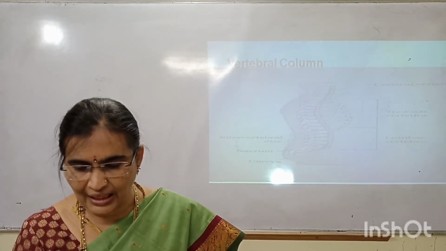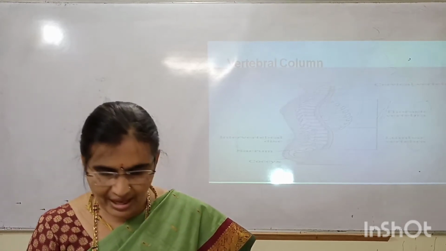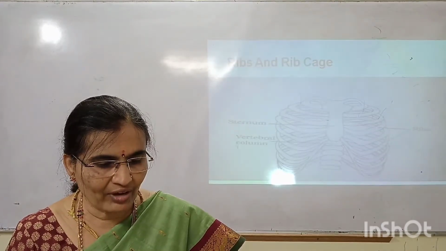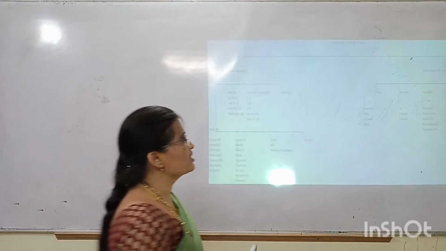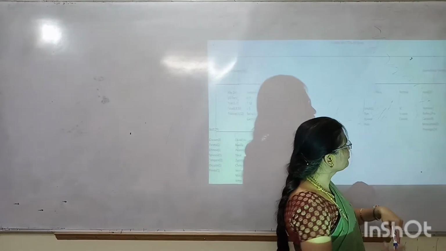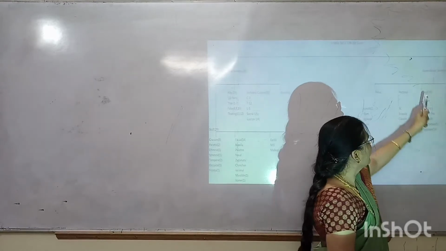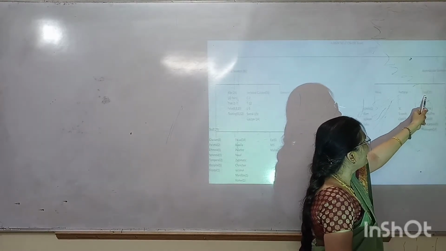So this is regarding the axial skeleton. Next we are proceeding with the appendicular skeleton. Here you can see the appendicular skeleton: hands and legs.